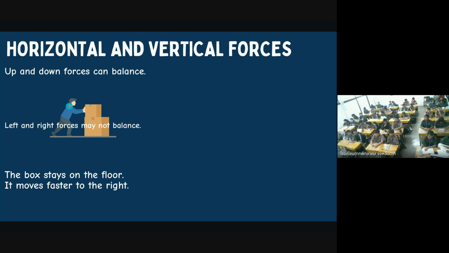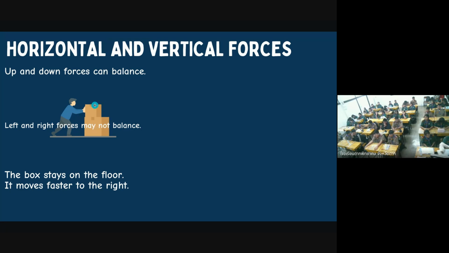Again, one force pushing it to the right, friction pushing it to the left, gravity pulling it down, and the support from the ground pushing it up. Since the box is moving towards the right side, the left and right forces are not in balance.